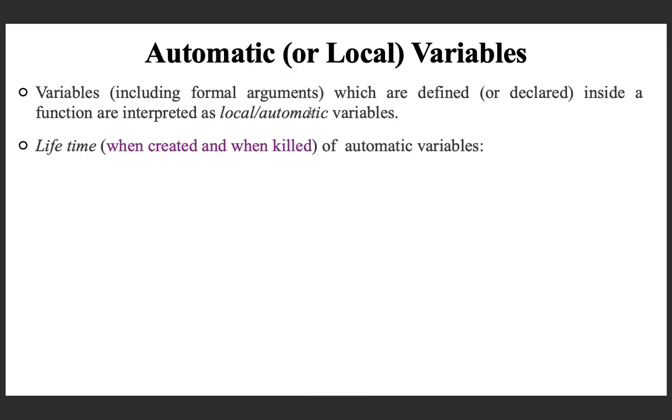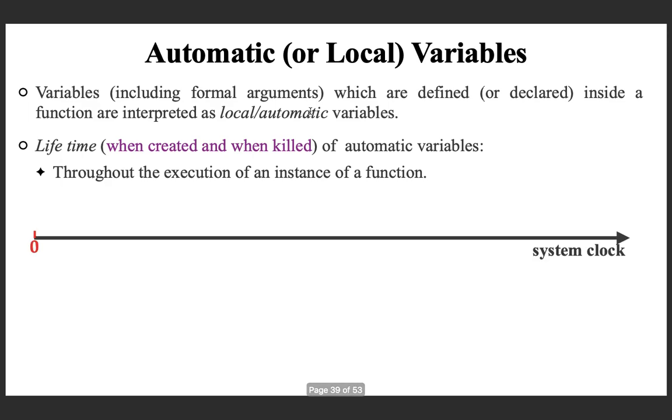Now see what is the lifetime of automatic variables, that is when those variables are created and when they are killed. Kill means revoking the memory allocation, and lifetime is throughout the execution of an instance of a function.